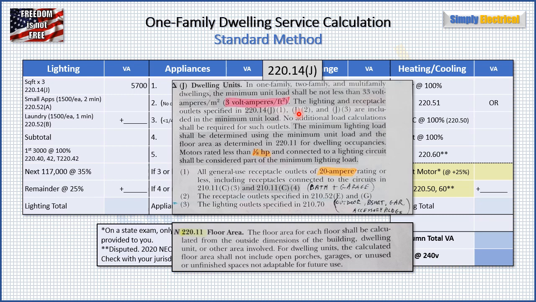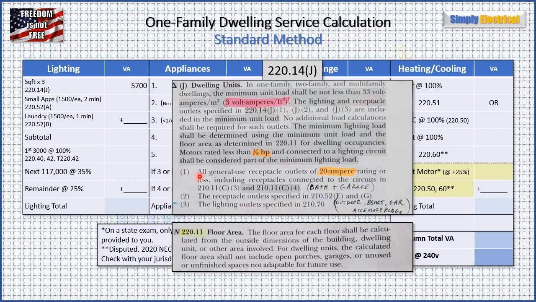Now let's read on. The lighting and receptacle outlets specified in 220.14(J)(1), (2), and (3) are included in the minimum unit load. So what is that? Down here we got 1, 2, and 3. And these are the loads that are included in the minimum unit load.